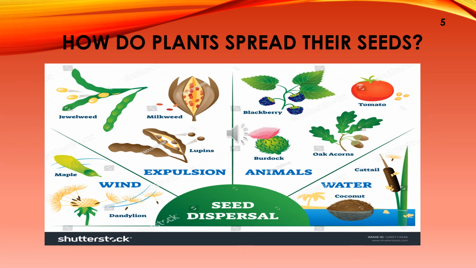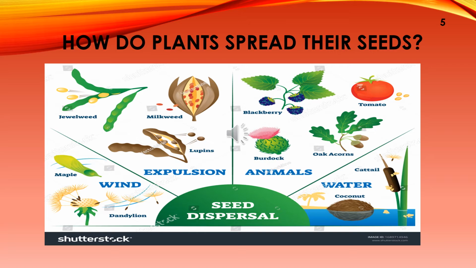Another method that plants use to spread their seed is by animals. Many plants use animals to transport their seed. Plants like the blackberry produce fruit that animals want to eat. The animal digests the fruit, but often excretes the seed a long way from the plant.